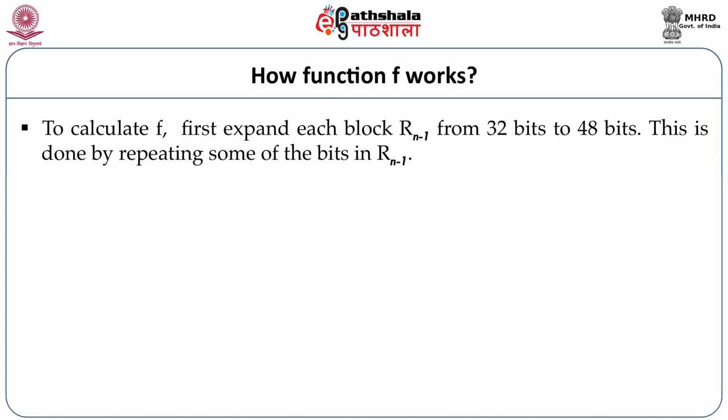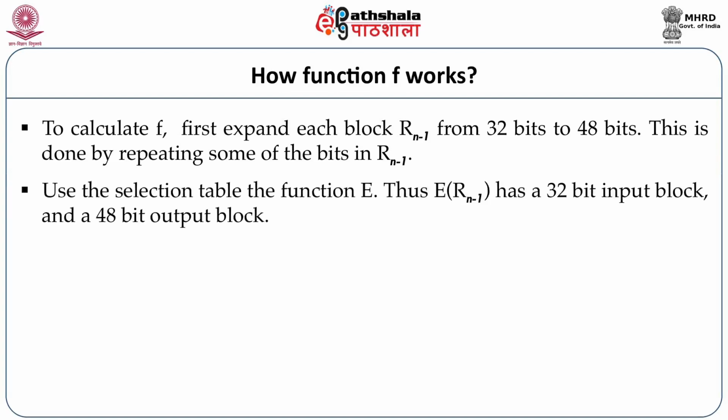So we need to expand this 32 bit right half to 48 bits. How will we do that? We would be repeating some bits of the right half to generate the 48 bit block. For that we are given a selection table. We will call it the expansion table, which will generate 48 bits out of 32 bits.